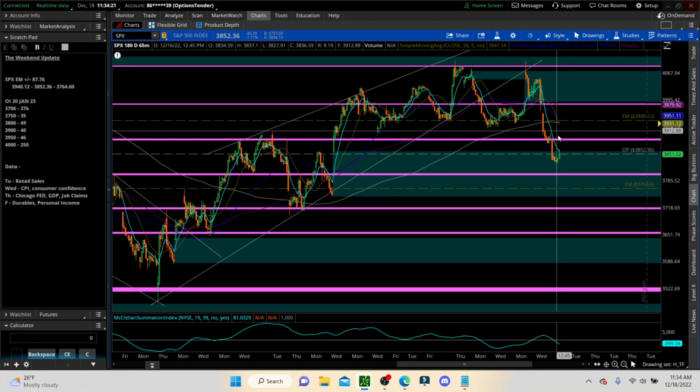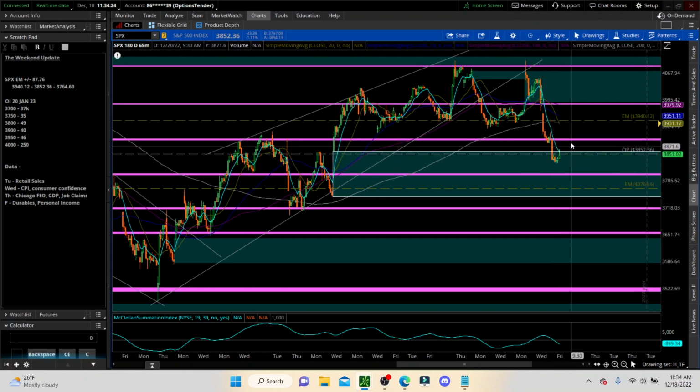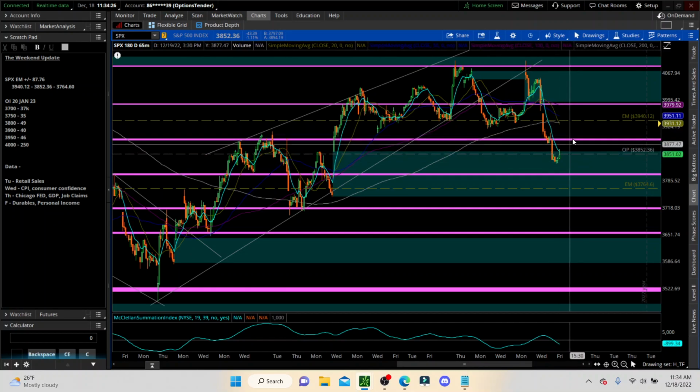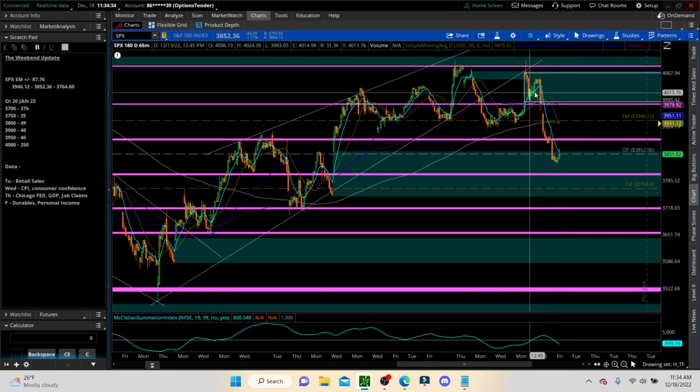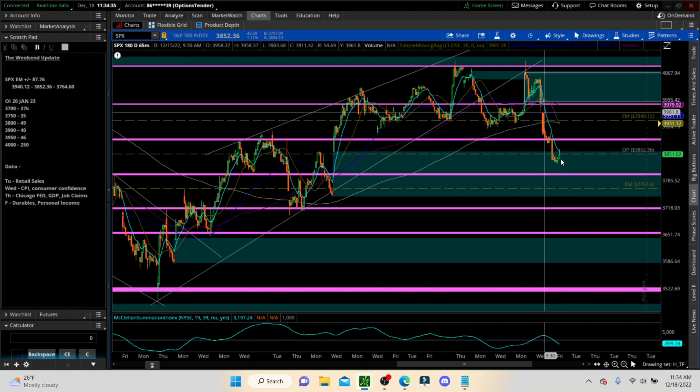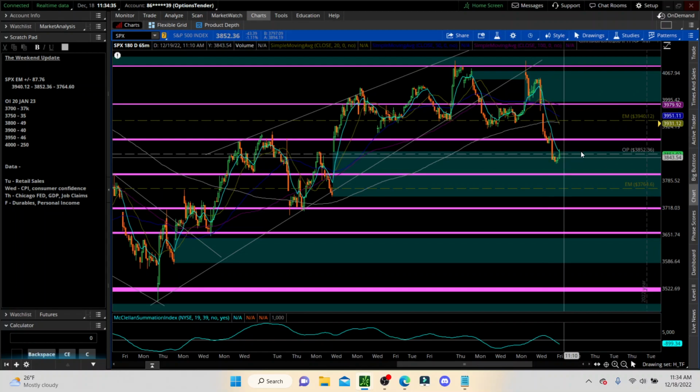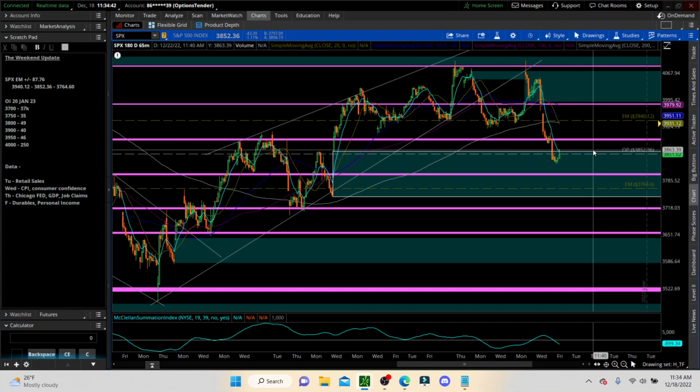And I don't see anything to balance that out for a wave 4, which is usually your time-consuming wave, looking for a triangle or a flat, something of this type of magnitude. So I do suspect we'll see some sideways movement and then drop a little bit lower before our bounce.